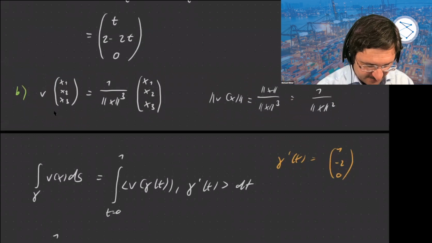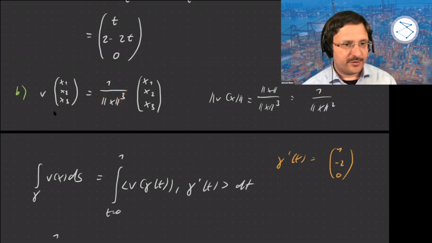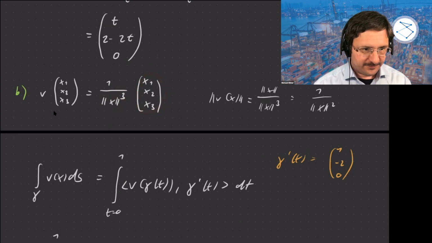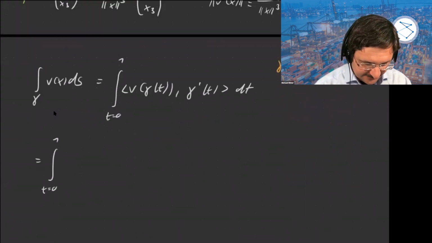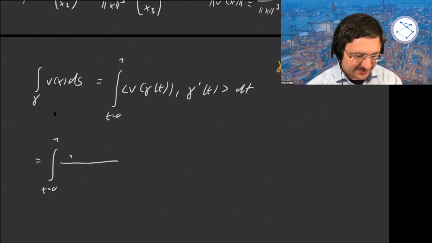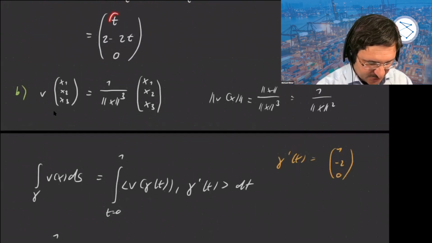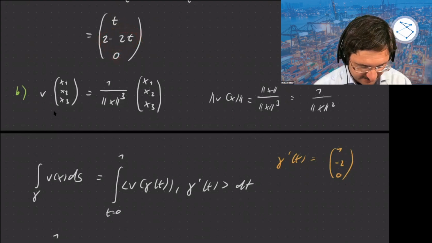So gamma of t is this one: t, 2 minus 2t, 0. V is 1 over the norm to the 3rd times the vector x itself. So we can take out that norm here. That means we have 1 over the norm, which is the square root of t squared plus (2 minus 2t) squared plus 0 squared.